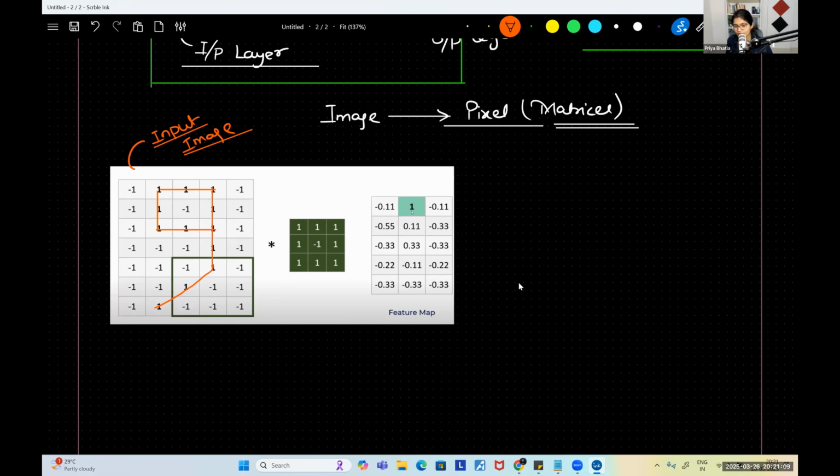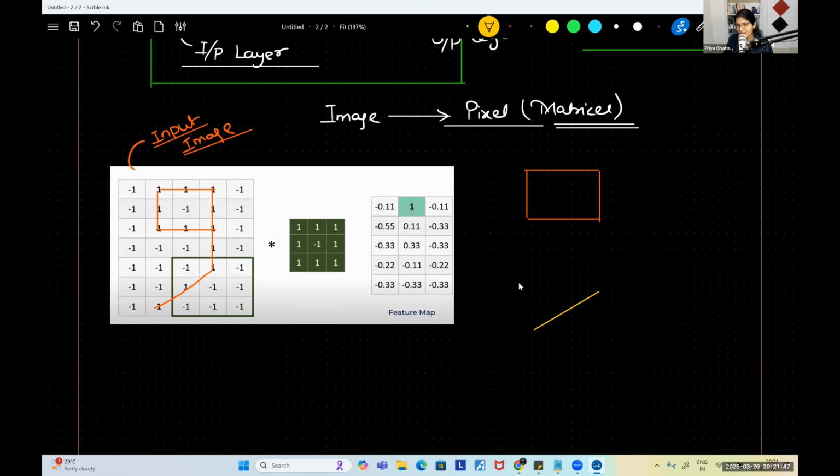Wherever 1 is there, I have just tried to combine this. So somehow I got one square, then one straight line, then one diagonal line.